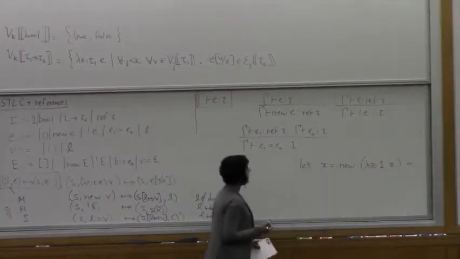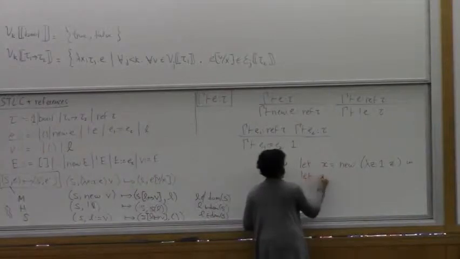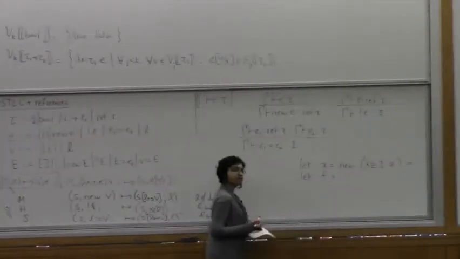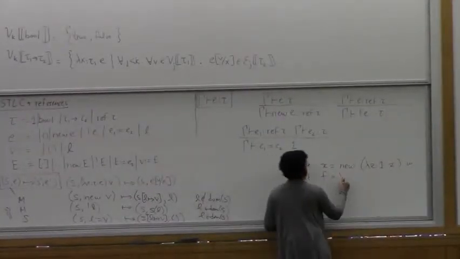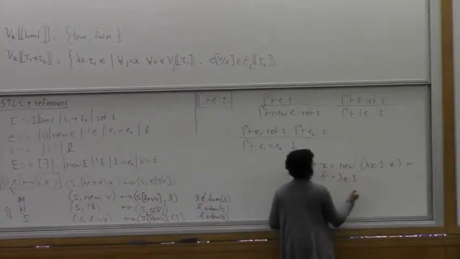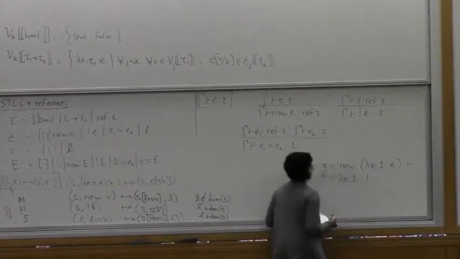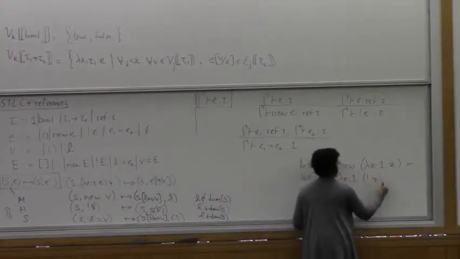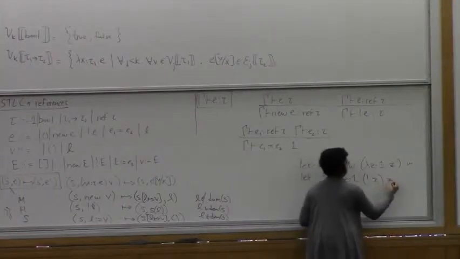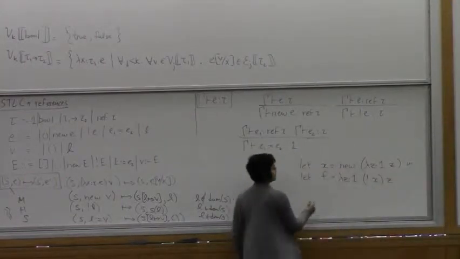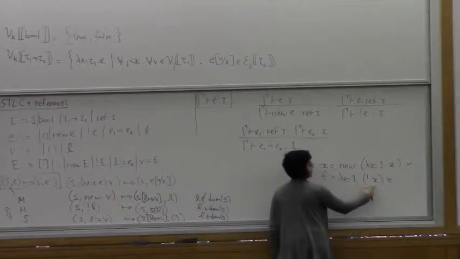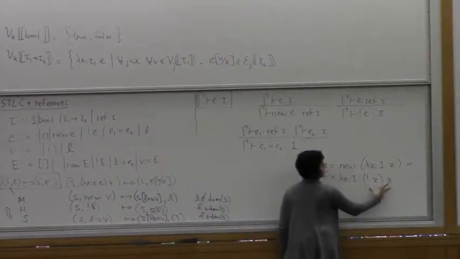And then we'll say let f be a function that takes something of type unit. In the body of that function, we want to read out of this cell x and apply it to this input z. Since this contains a unit arrow unit function and we're giving it a unit, the body has type unit.